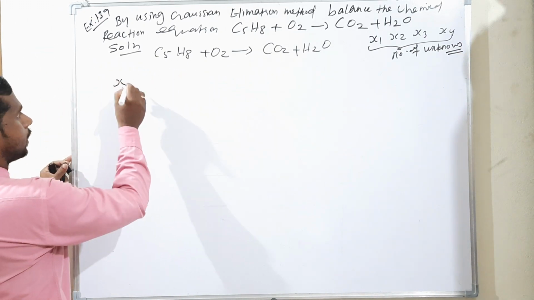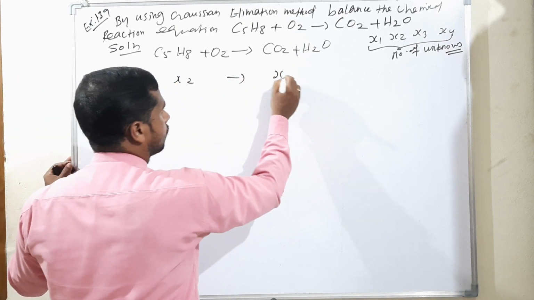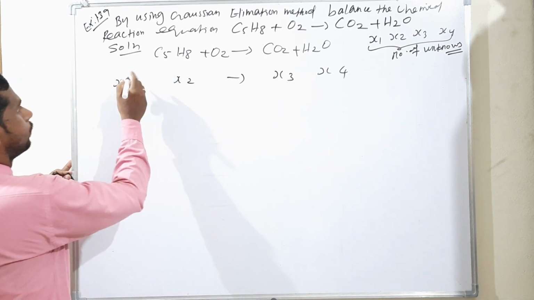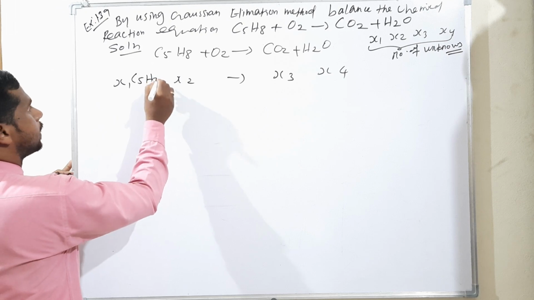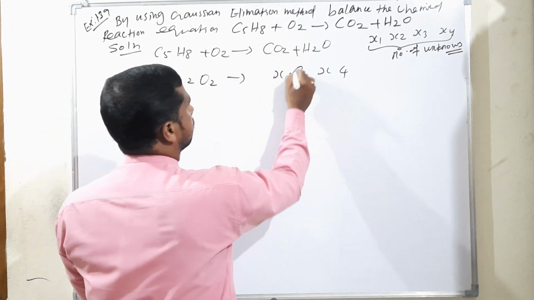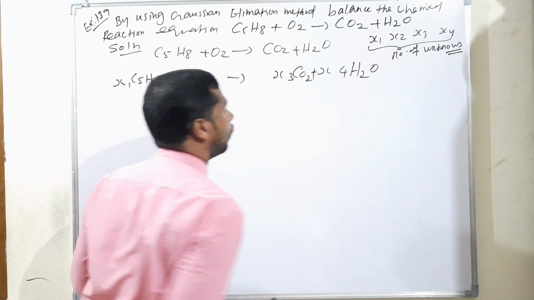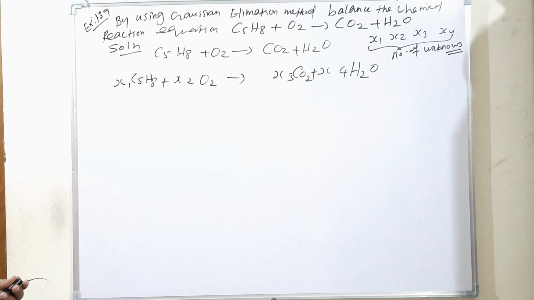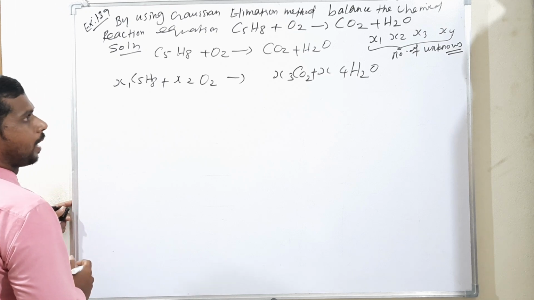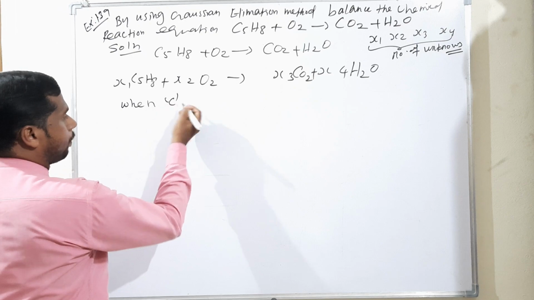How do we write the reaction for each one? x1 C5H8 plus x2 O2 gives x3 CO2 plus x4 H2O. Okay. So now, after considering the unknowns, first we compare C on both sides.